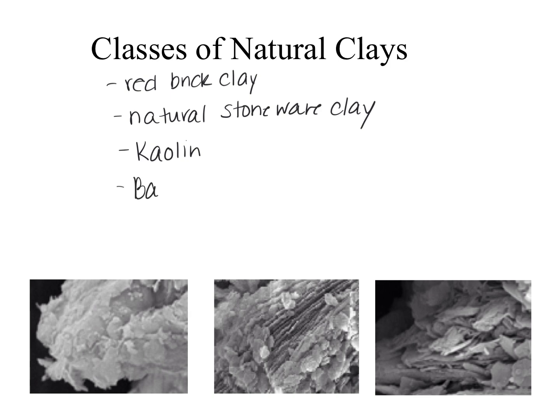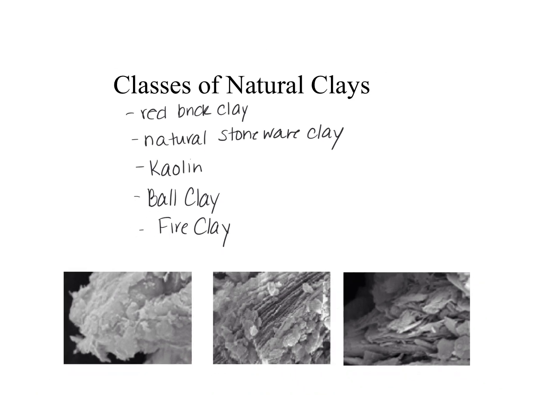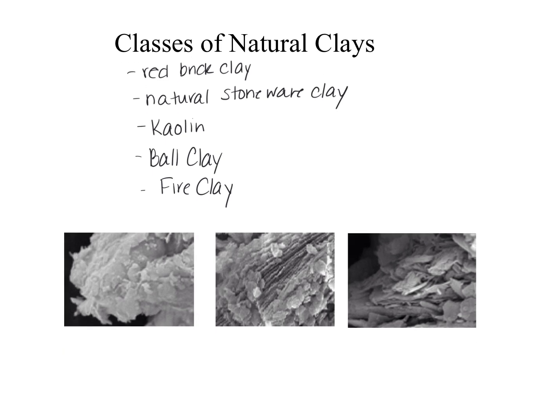There's ball clay. There's fire clay is another one. There's terracotta clay, which is like for earthenware. And so what happens with these natural clays is when you're an artist, you get all of these clays and you mix it all together to come up with your perfect recipe for your clay bodies.